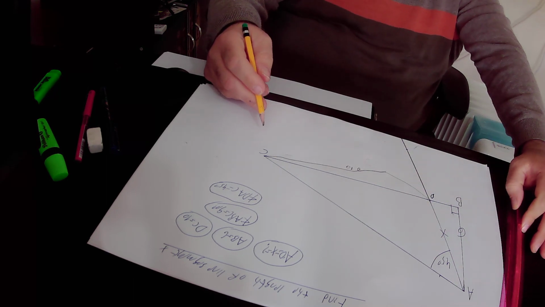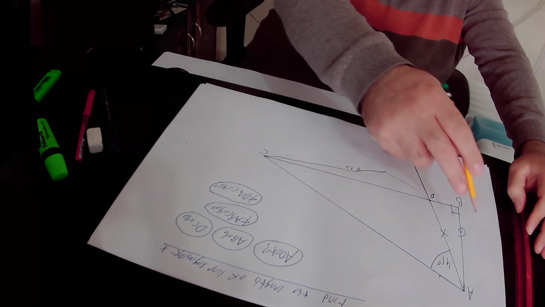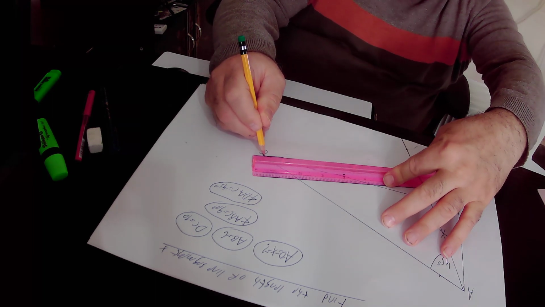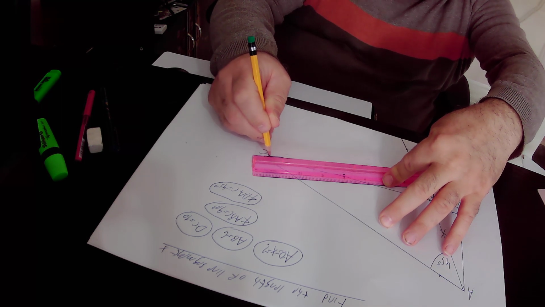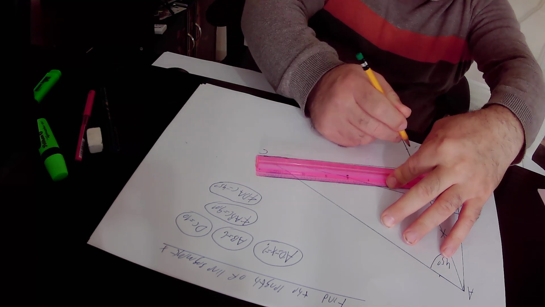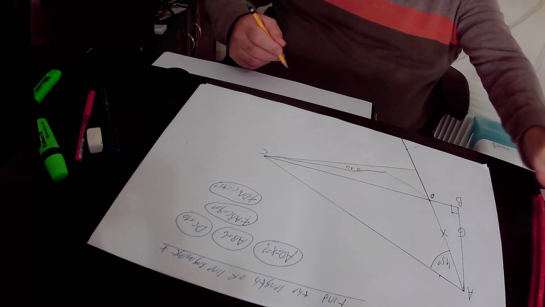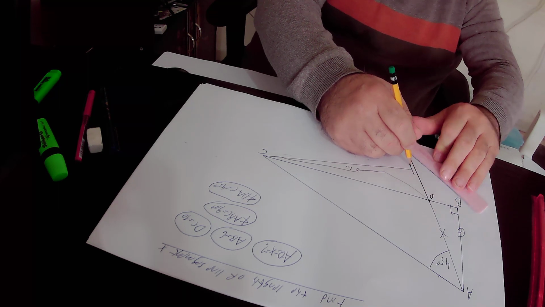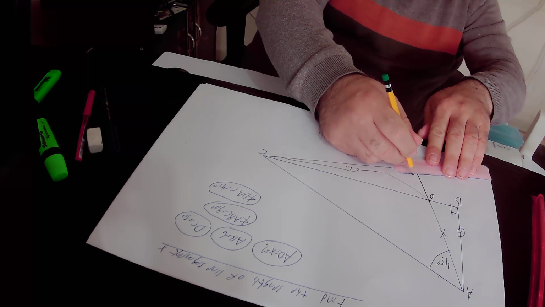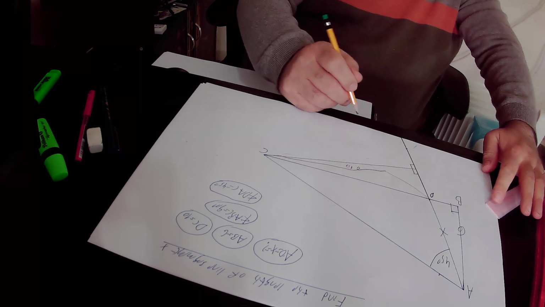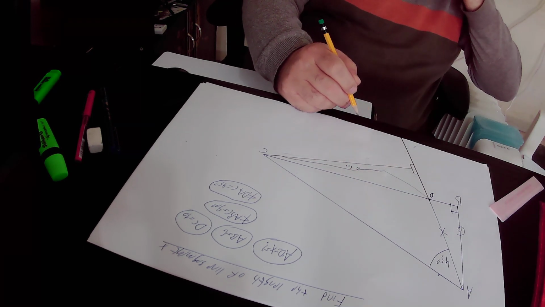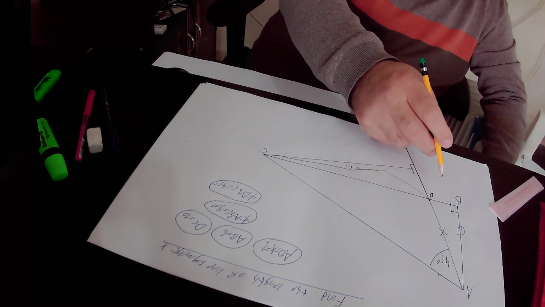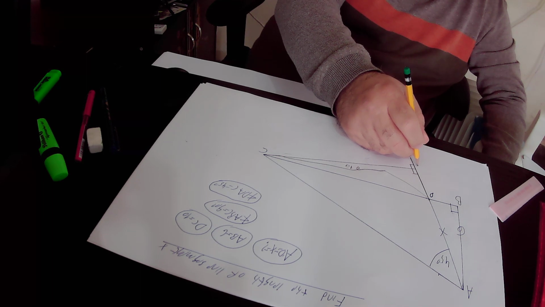And from point C, we will go perpendicular to the extended AD. So this angle will be equal to 90 degrees, and this angle will also be equal to 90 degrees. And we'll define the touching point of the perpendicular from point C on the extended AD as point E.